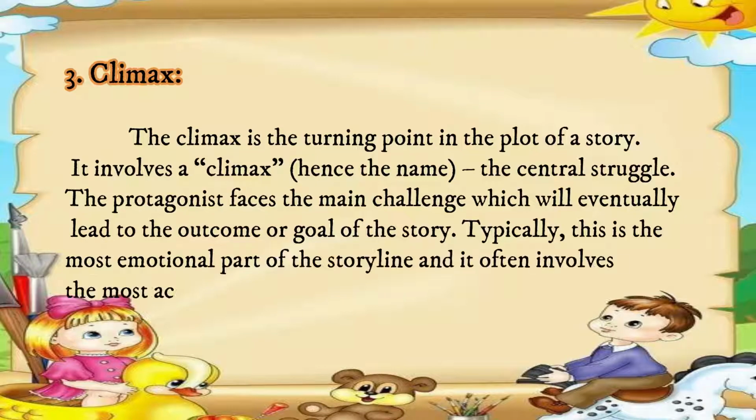It involves a climax, hence the name, the central struggle. The protagonist faces the main challenge, which will eventually lead to the outcome or goal of the story. Typically, this is the most emotional part of the storyline, and it often involves the most action.